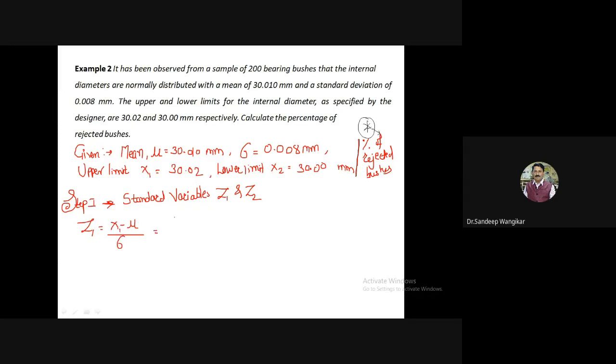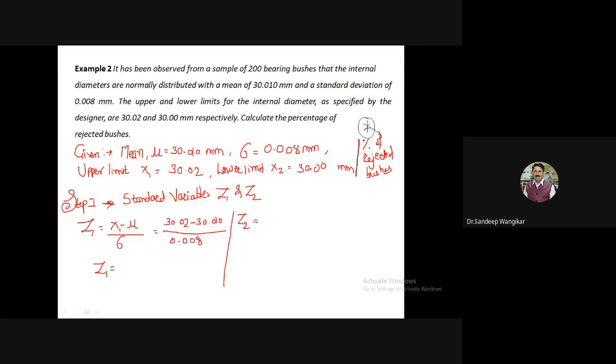So I can say here 30.02 minus 30.010 divided by 0.008. Tell me the value of Z1. Similarly, I can proceed for Z2.